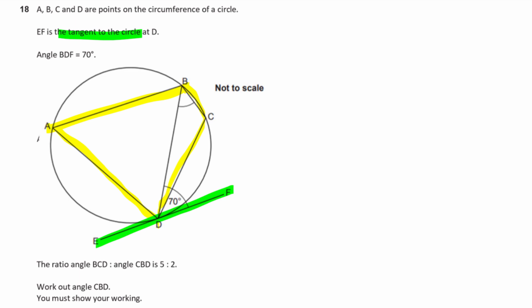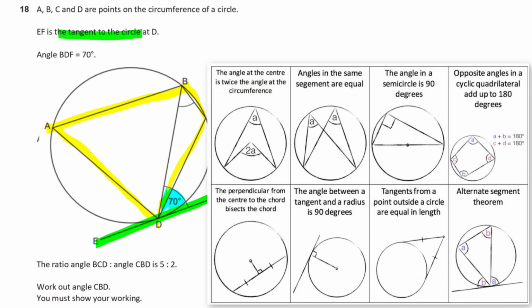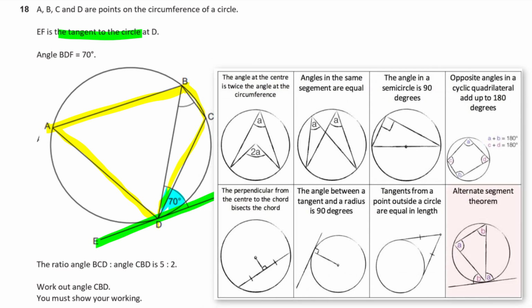Right, so first off, I'm going to look at this angle down here, this 70 degrees. I did say earlier that tangents have properties when they touch circles like this, and one of them is the alternate segment theorem. So, using the alternate segment theorem.